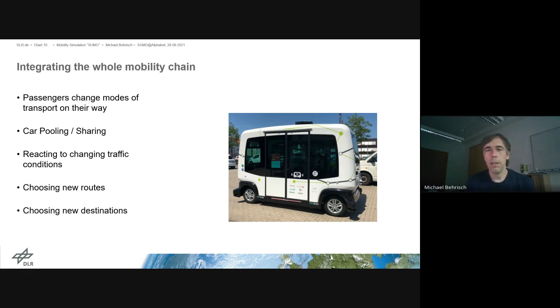So essentially a taxi service without drivers, or even with drivers, which can replace or supplement the existing public transport.